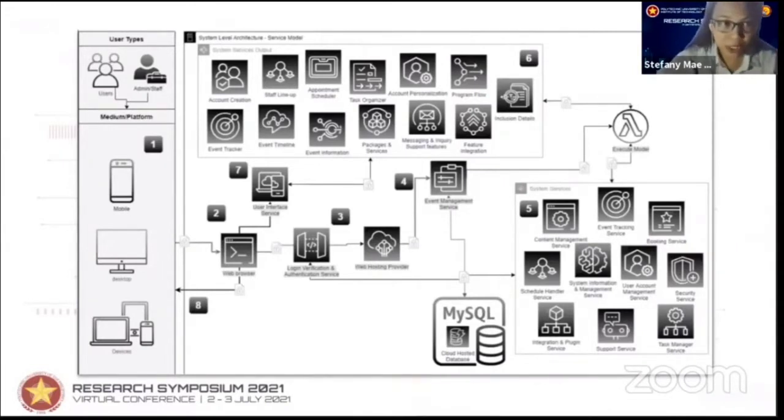Then dito po sa part ng event tracker, event timeline, this is the features and functionalities po ng system. Then it will be saved sa database. Yun po, then execute model. Then bago po maglabas po ng data, naka-encrypt po yung mga data na lumalabas tsaka po pumapasok sa system.